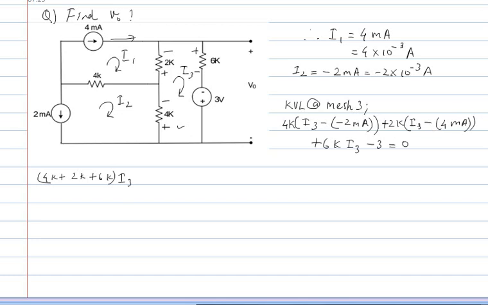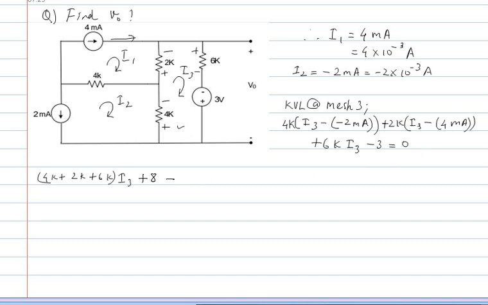So I can straight away write 4 into minus of minus 2 is plus 2. So 4 2s are 8, so plus 8. Similarly for the second case, because of this minus, it is going to be minus 2K into 4 milli.